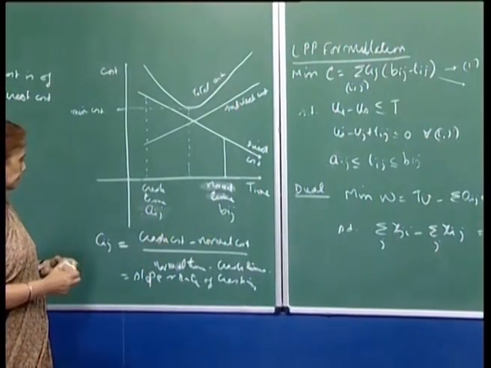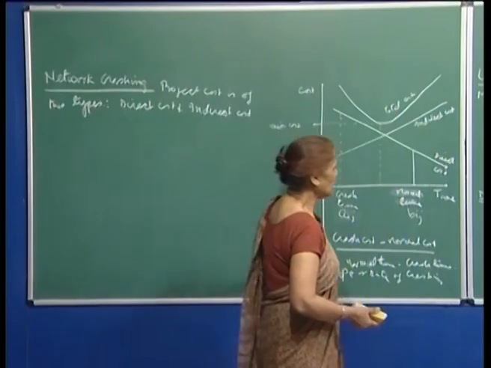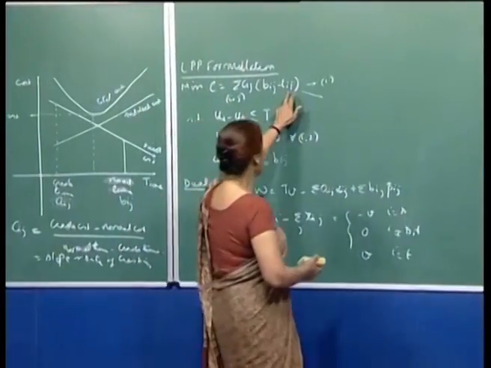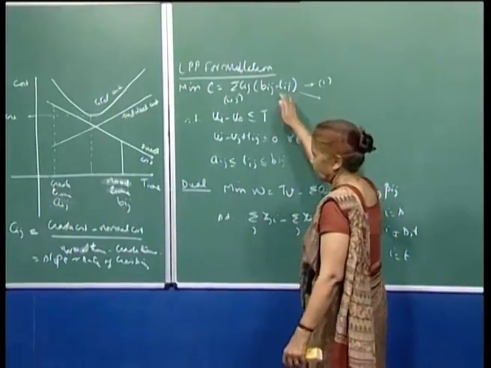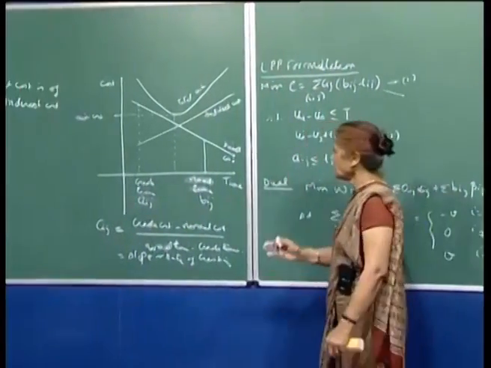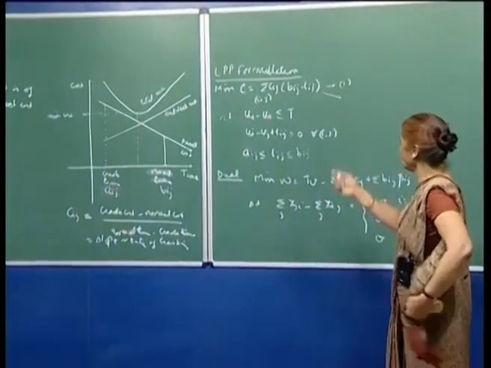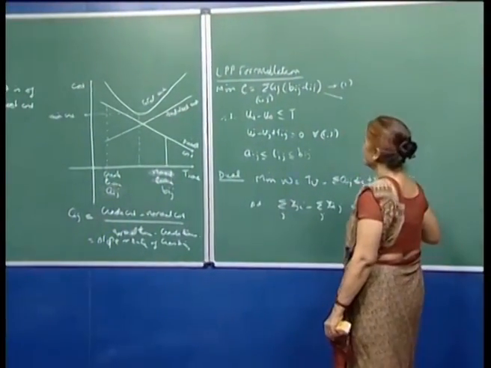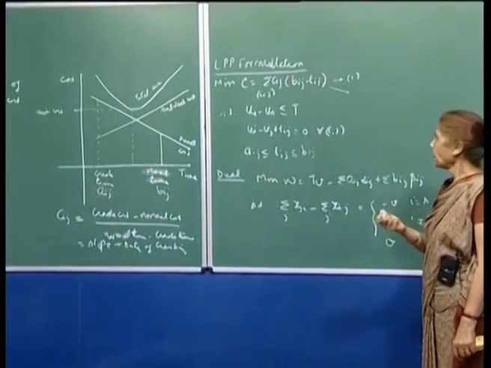So, therefore, if I define this rate of crashing of activity ij by cij, then tij is the variable denoting the actual duration, because now that I am going to crash the activities, I do not know what the actual completion time for each activity will be. So, this is what we want to find out through this linear programming formulation, where we want to minimize the total cost.